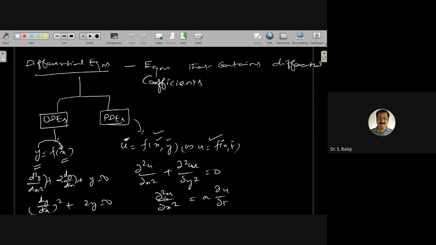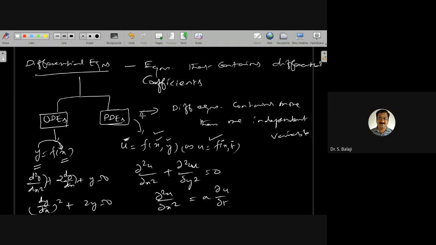If from that relation you want to find a relationship with the help of differential equations, you may get this type of equation. Such equations are called partial differential equations: differential equations which contain more than one independent variable.